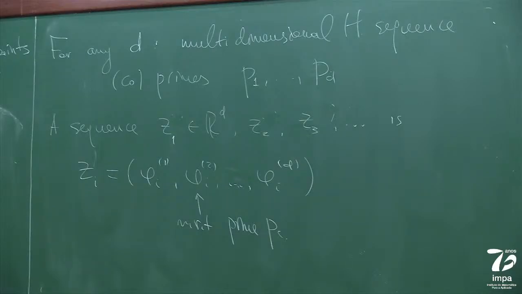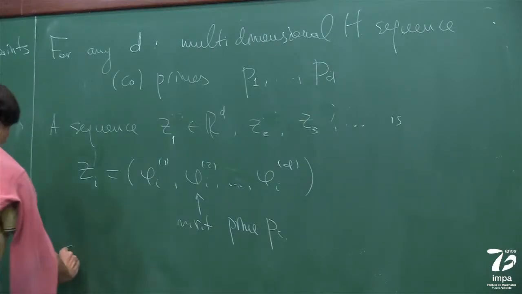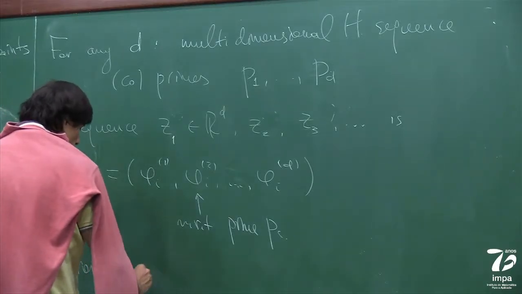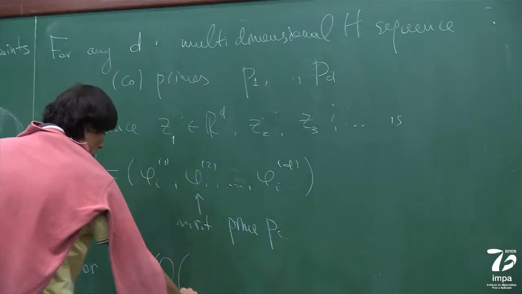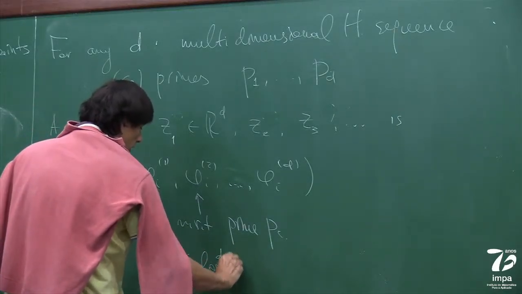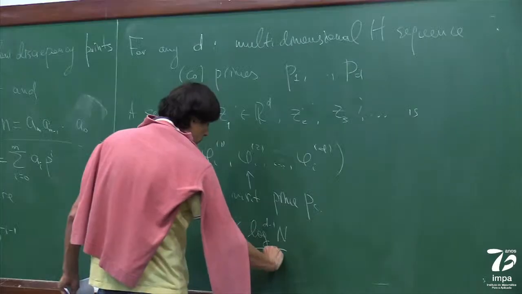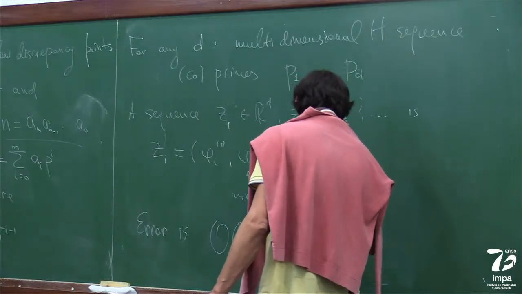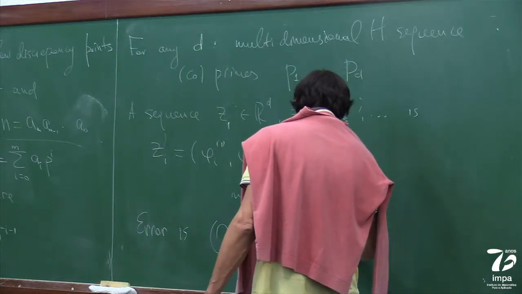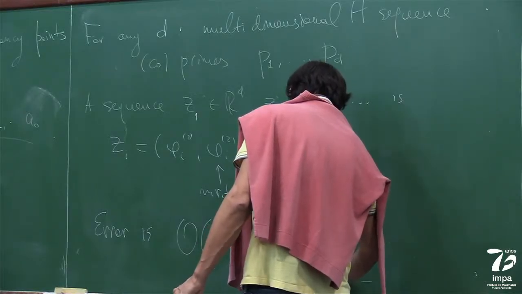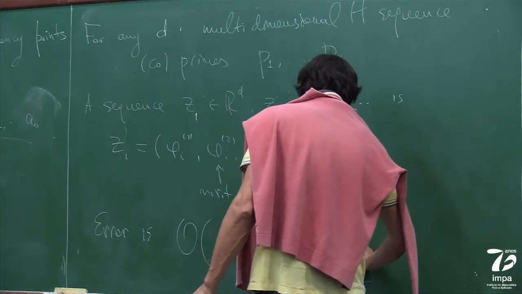What you can see is that the error in this method is log to the power d minus 1 of n, over n, and it is better for large n, even for large dimension.